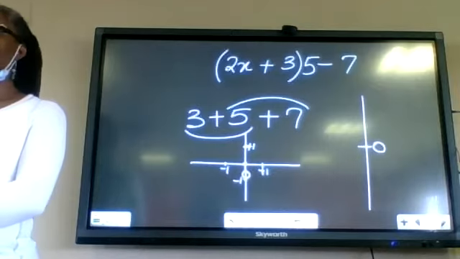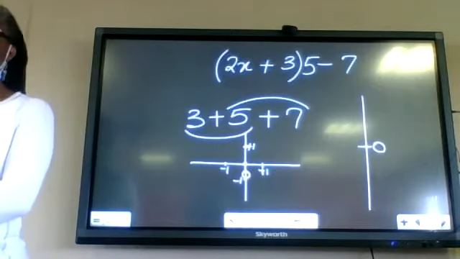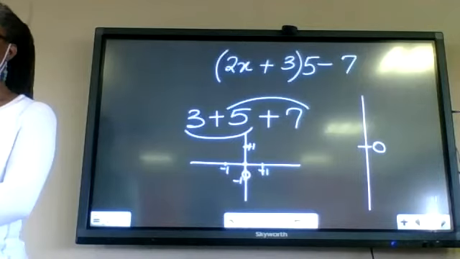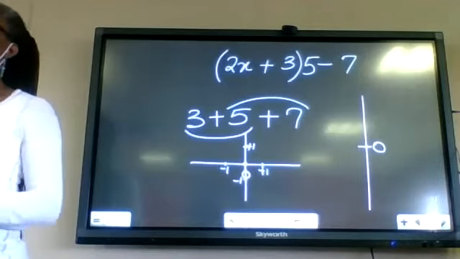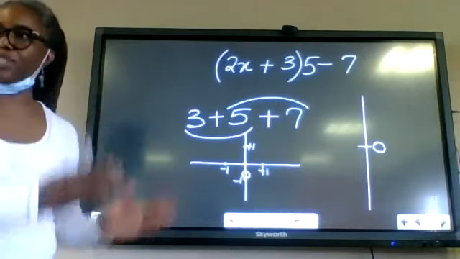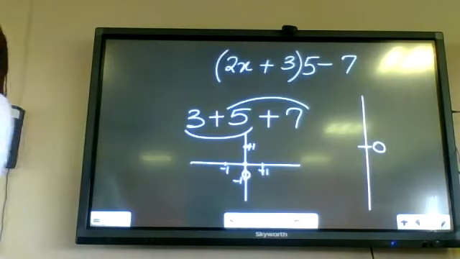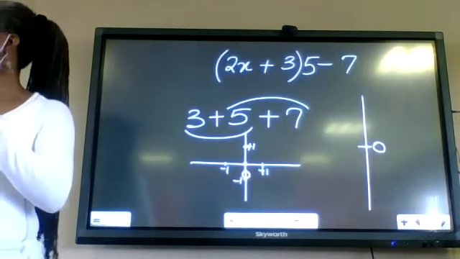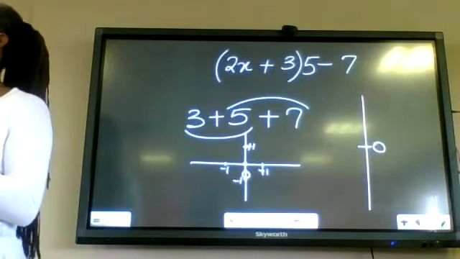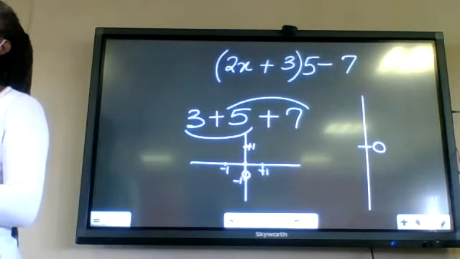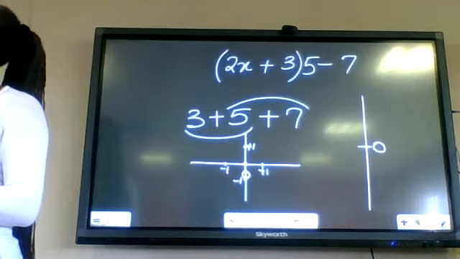When you multiply two numbers and the signs are exactly the same, your answer must be positive. Whether the two numbers you're multiplying are positive and positive, or they are negative and negative, your answer must be positive. So when you take a number and you multiply it by itself, your answer must be positive.